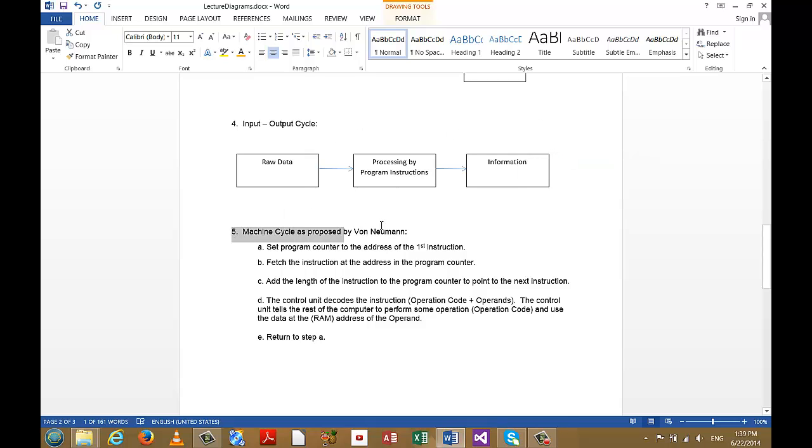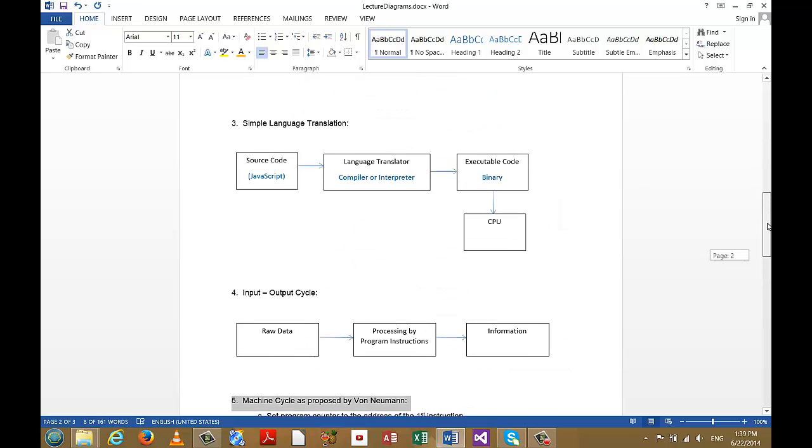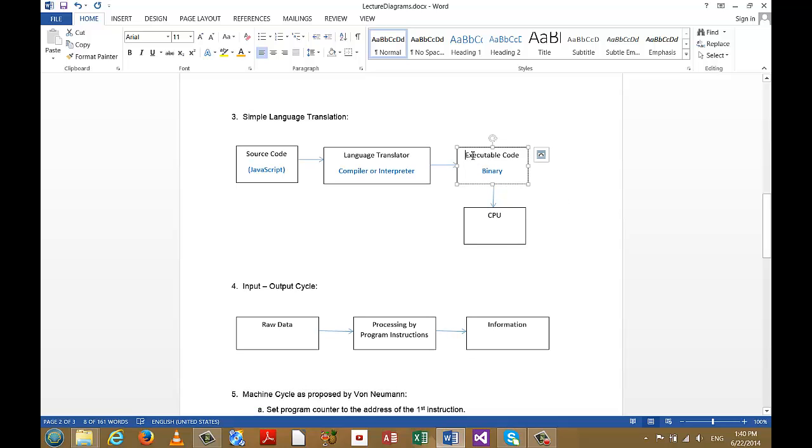Step 5, the machine cycle. Now, what I'm presenting is a very simplified version of the machine cycle, and what I'm looking at is how does the computer actually process the executable code. Okay, so we're focused on these two parts, on the CPU and the executable code.